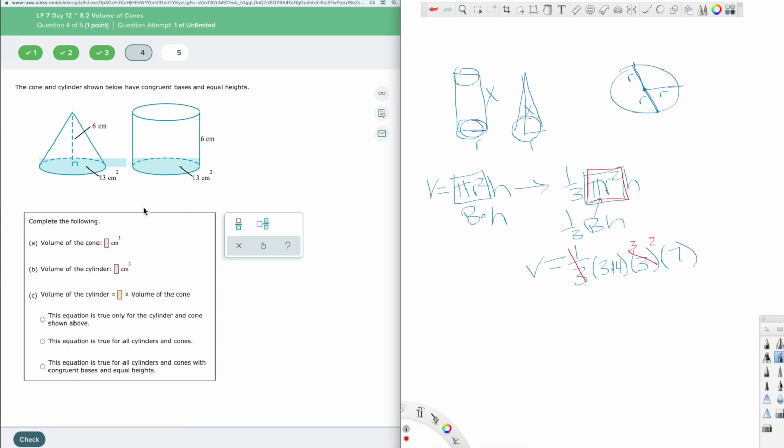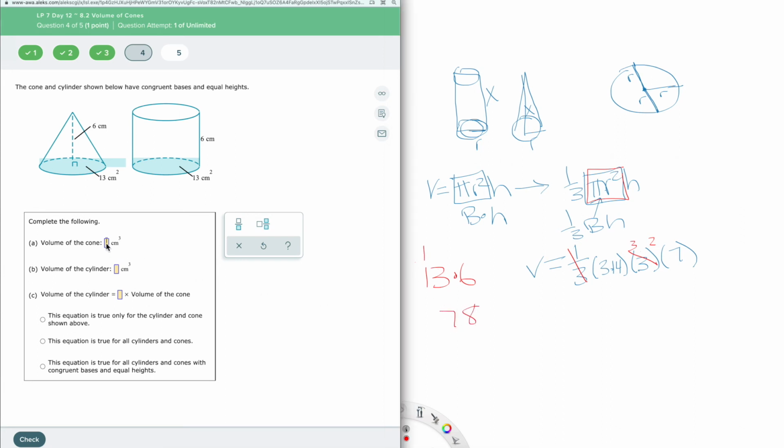We're going to do the volume of the cone. So we have 13 base times the height, which is 6. So let's see, we would get 78. And then for the cylinder, same thing, it's going to be base times height. So 13 times 6. Oh, what did I forget to do on the cone?